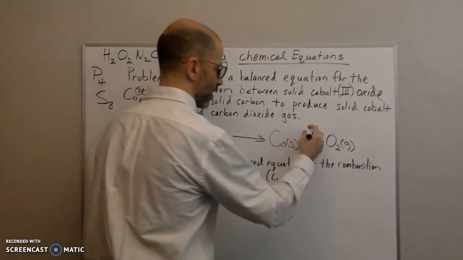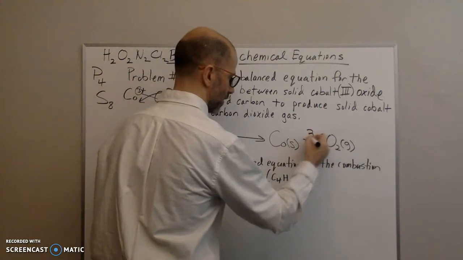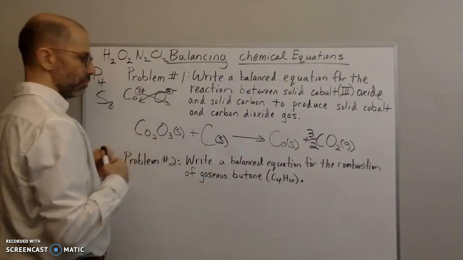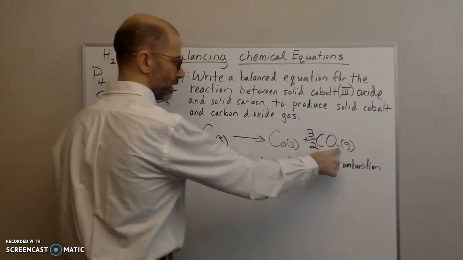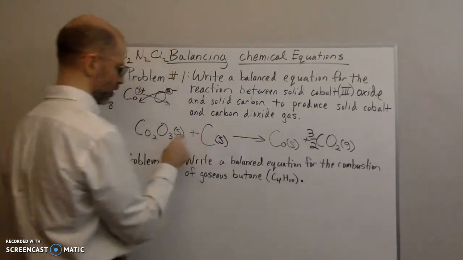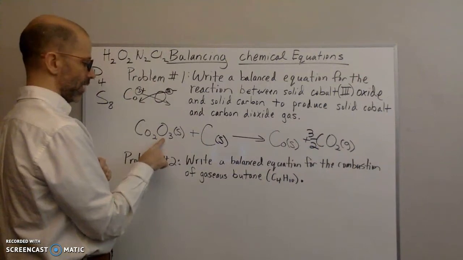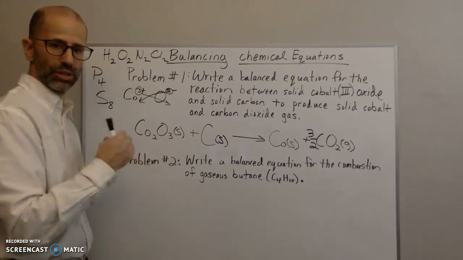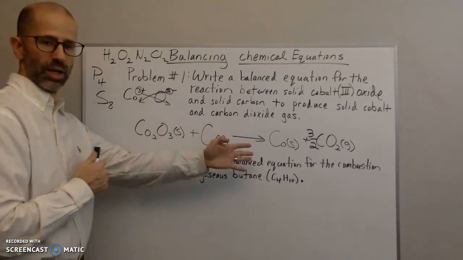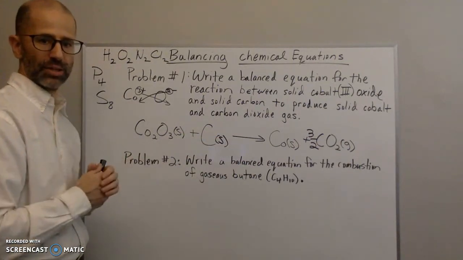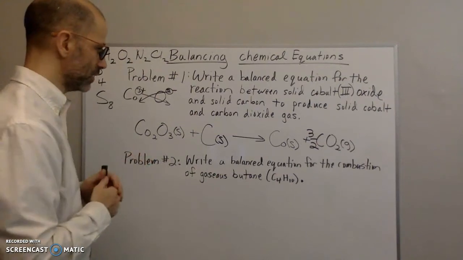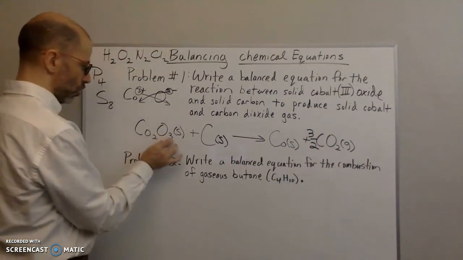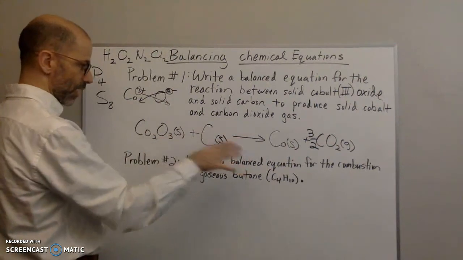So if I do 3 halves on this side, 2 times 3 halves gives me 3, which is the same number as oxygens there. So I'm allowed to do that when I'm balancing the equations first. I'll have to get rid of the half later, but that's at a later step. Okay, so next, now I have my oxygens balanced. So that's good for oxygen.